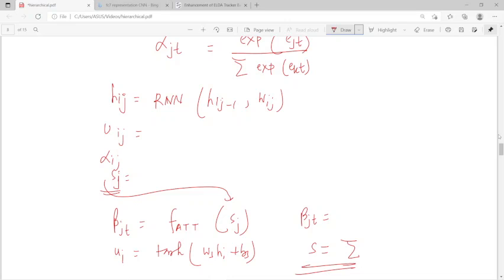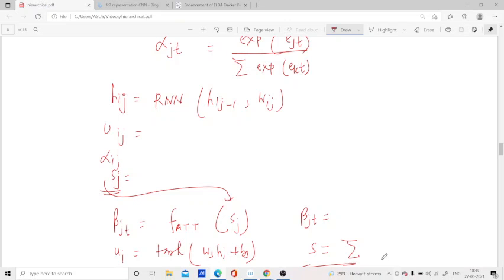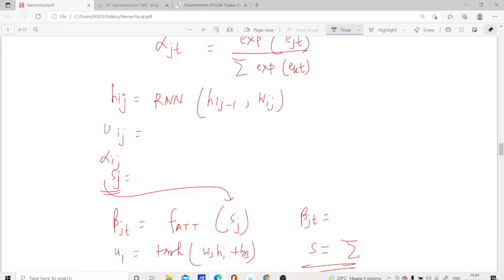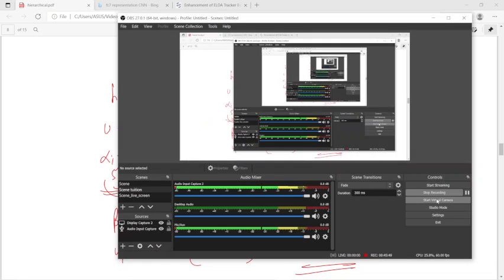That's why this particular attention is known as hierarchical attention, because the output from one attention network is fed into another one, and that will give you the output. So you can do it like that.